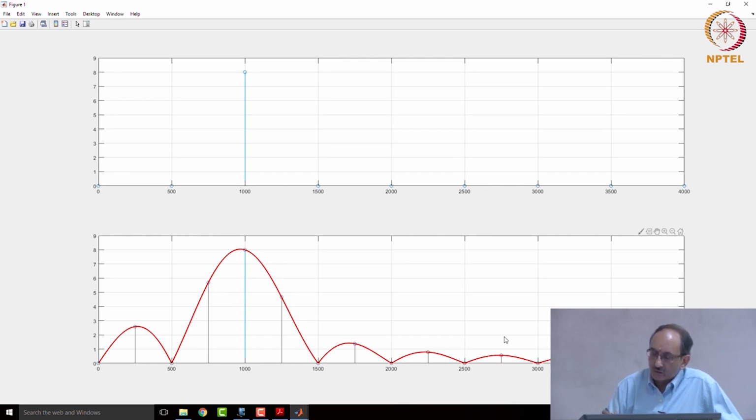And for a single sinusoid itself, you can move this frequency closer to 0 or closer to 4000 and again observe the shift in the peak. So, you can zoom in on this plot and find out where the actual peak is, and you will find that it is not at 1 kilohertz. So, this is a very brief introduction to estimation of frequencies of sinusoids given the observed data.